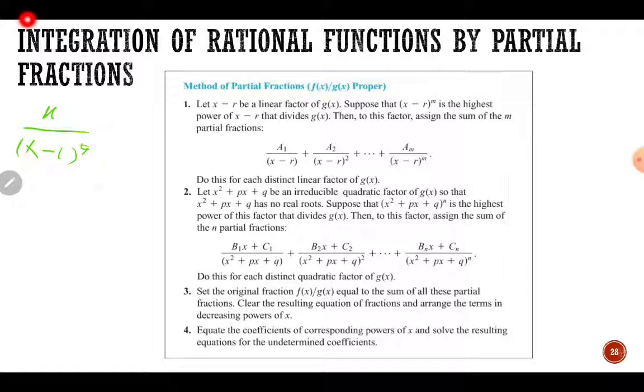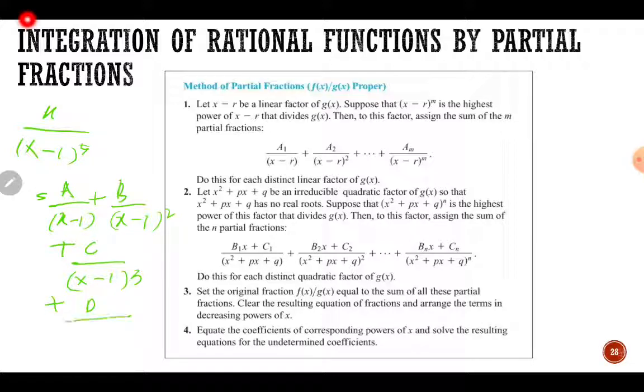So in that case you need to jadikan dia A over x minus 1 tambah B over x minus 1 square tambah C over x minus 1 kuasa 3 tambah D over x minus 1 kuasa 4 tambah E over x minus 1 kuasa 5. Macam tu. So that's why kat sini dia kata power of m.